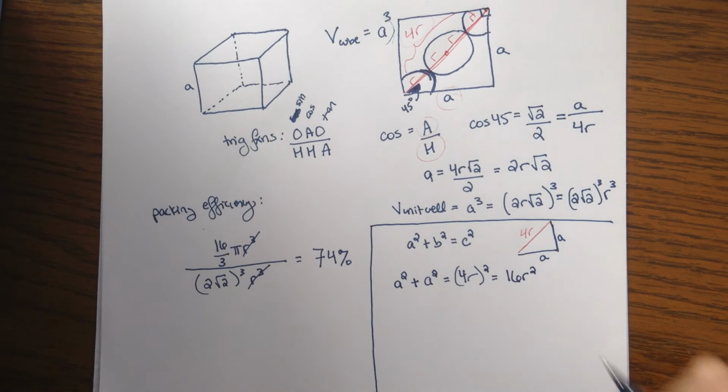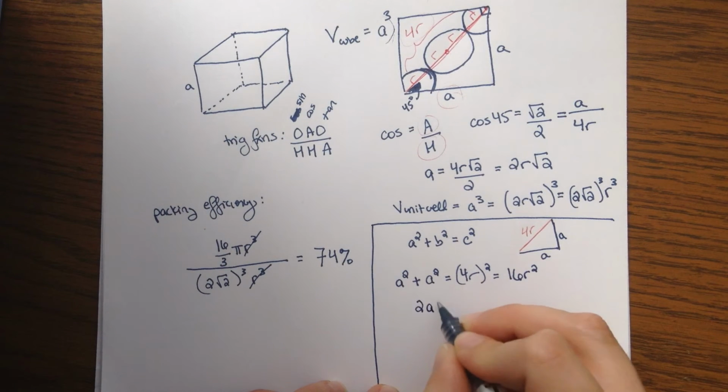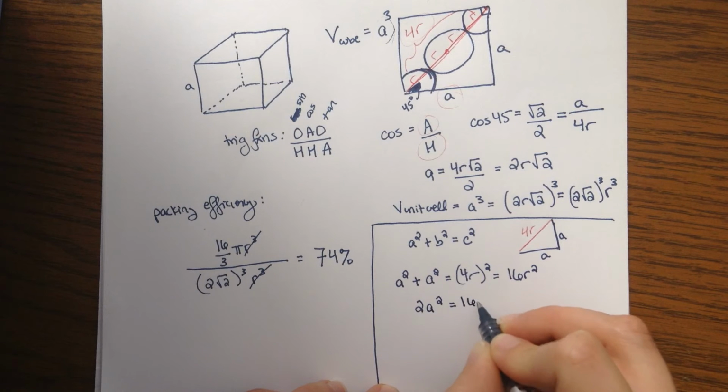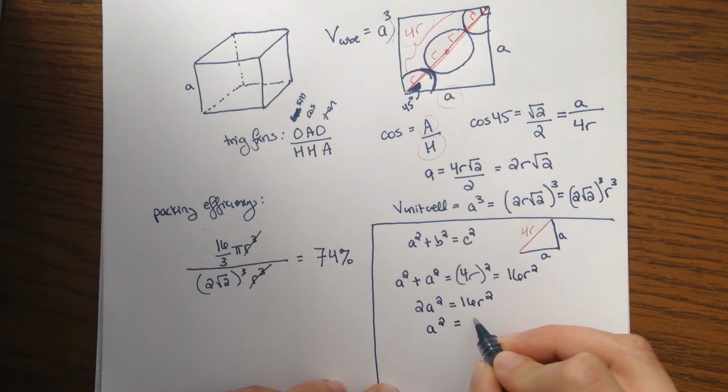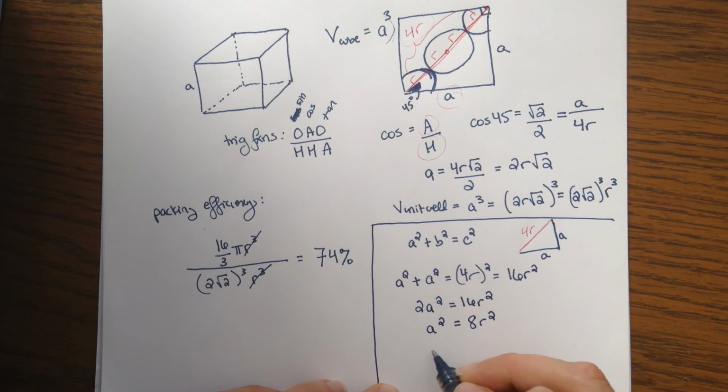Okay, so let's see if we can solve for a. 2a squared equals 16r squared. A squared equals 8r squared.